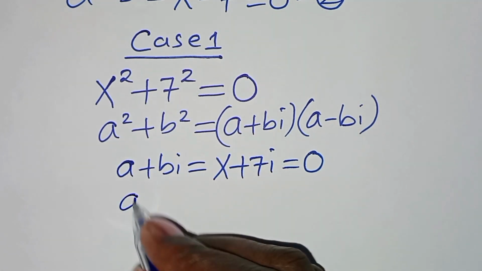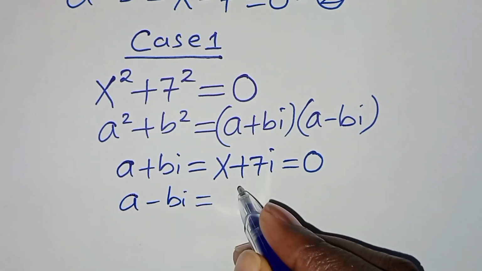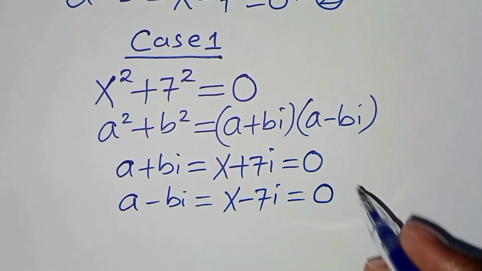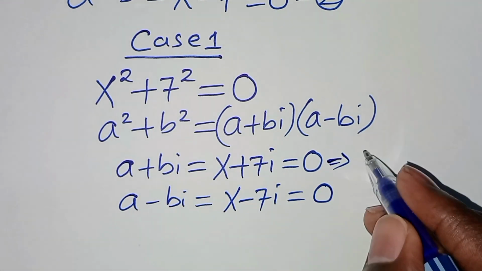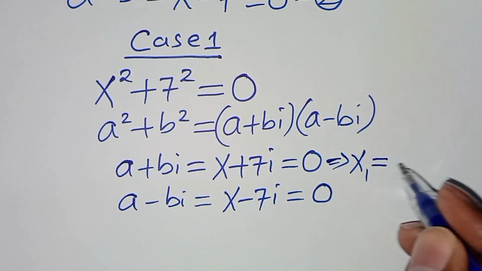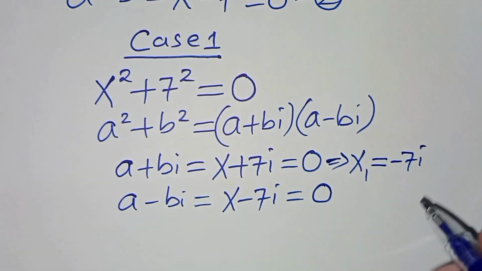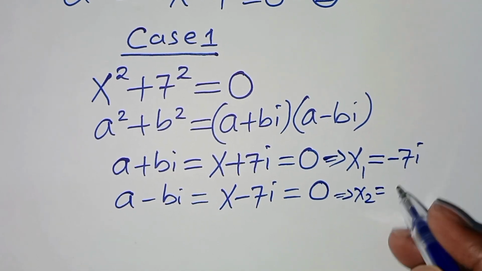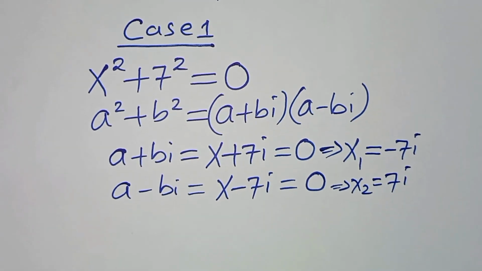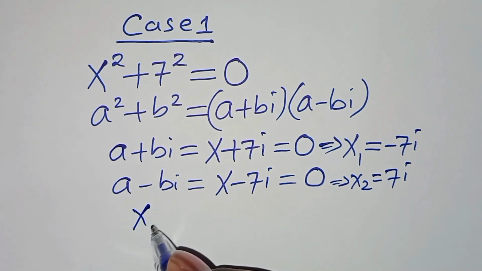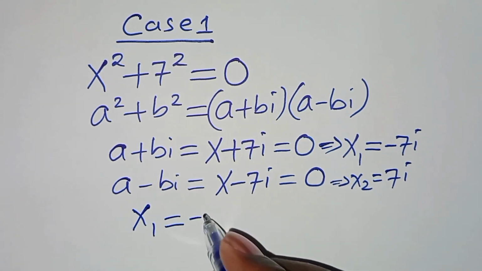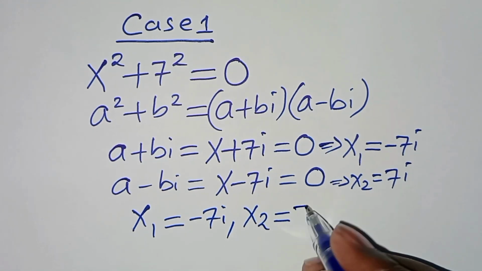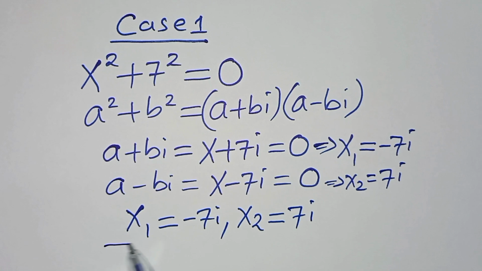And a minus bi, this is the same thing as x minus 7i, this is equal to 0. So from the first part here, that implies that x1 is equal to negative 7i, and x2 is equal to 7i. So we have the first two solutions here, x1 equal to negative 7i, and x2 equal to 7i. So this is case 1.